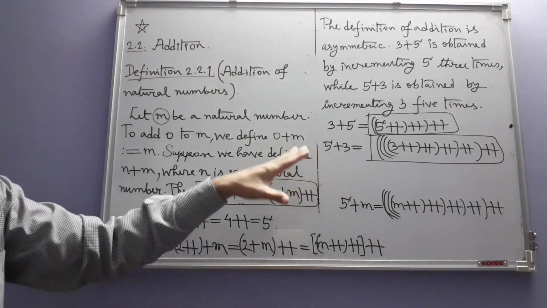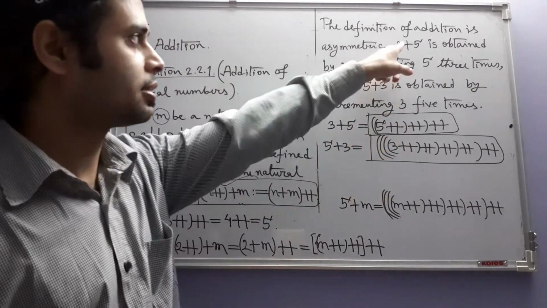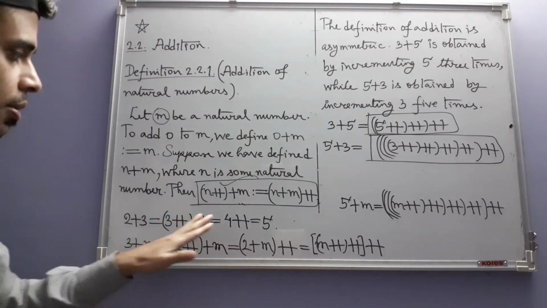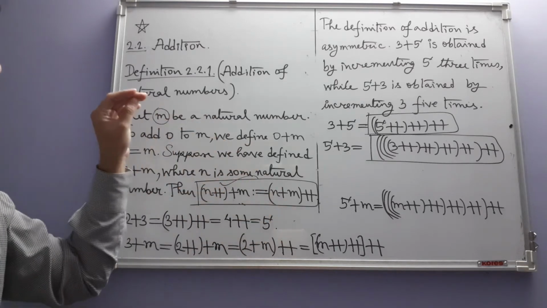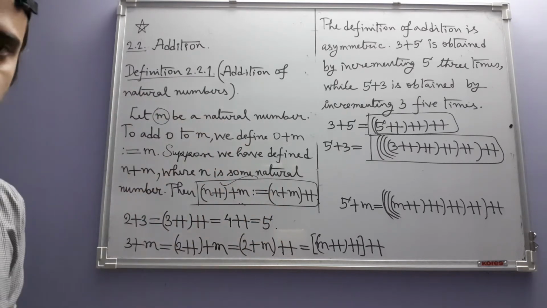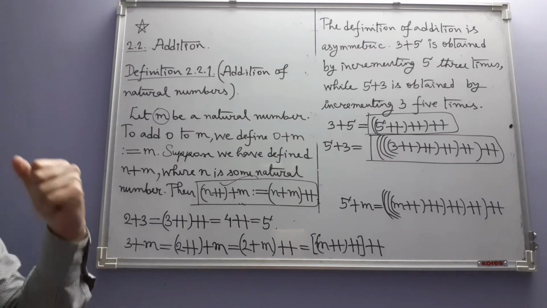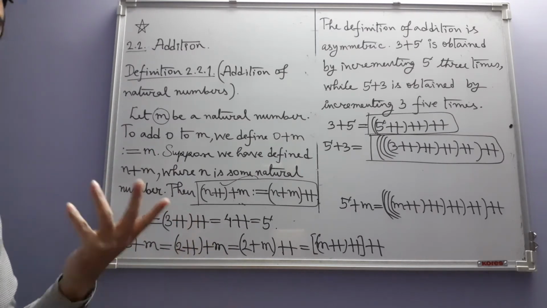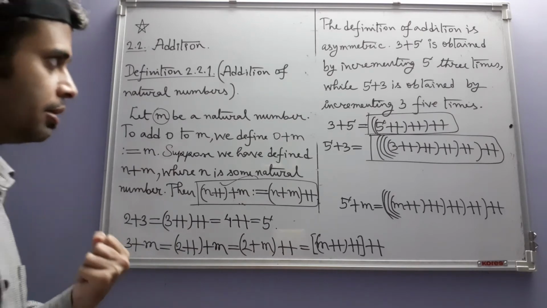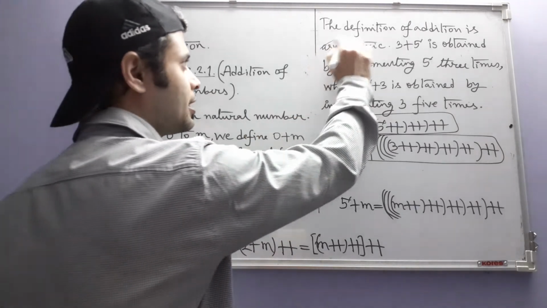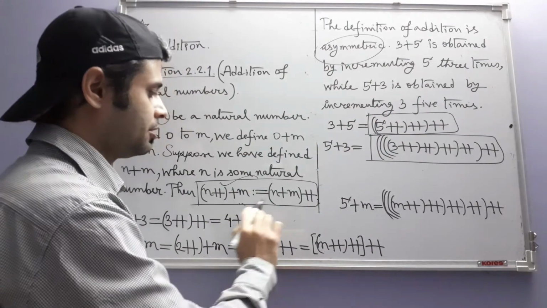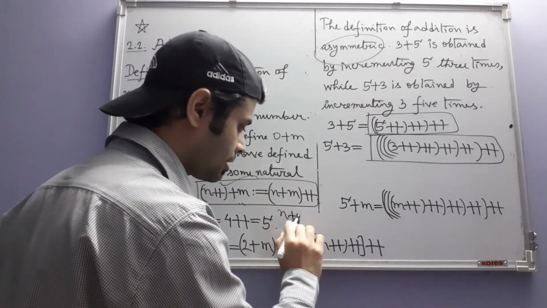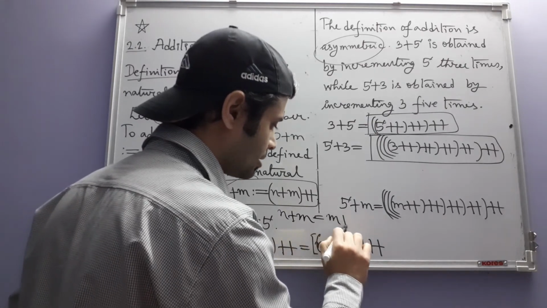Simply from the definition, we cannot say that 3 plus 5 is equal to 5 plus 3, not so fast. It's not obvious from the definition. They will turn out to be equal, but that has to be proved. In that sense, this definition is asymmetric. We don't immediately get from the definition that n plus m has to be equal to m plus n.